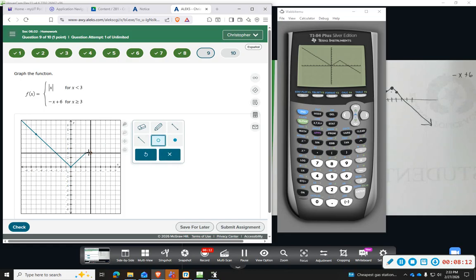I'm going to do a hollow dot right here. Then I'm going to graph the negative x plus 6 when x is greater than 3. So I'm going to put a solid dot, same spot, and we're going to do a line segment starting here, going down 1, right 1. And so that's going to be our graph.